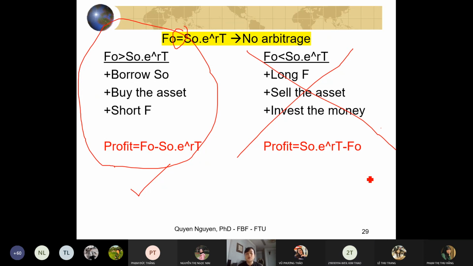Last time we also talked about what if short selling is not available in some markets. Then we said that the traders who own the asset, who possess the assets, will still be able to do the same thing, to lock in profit.